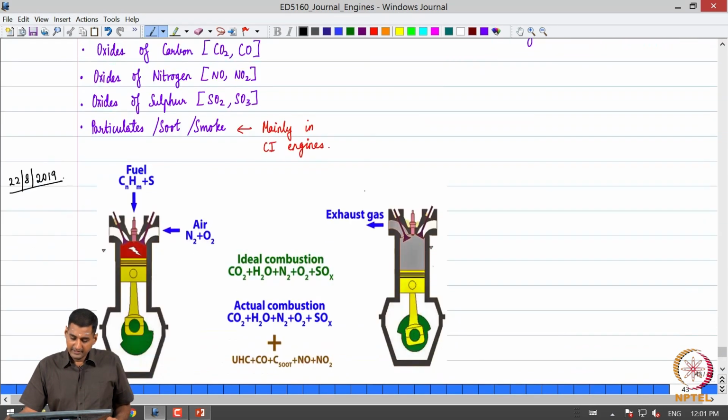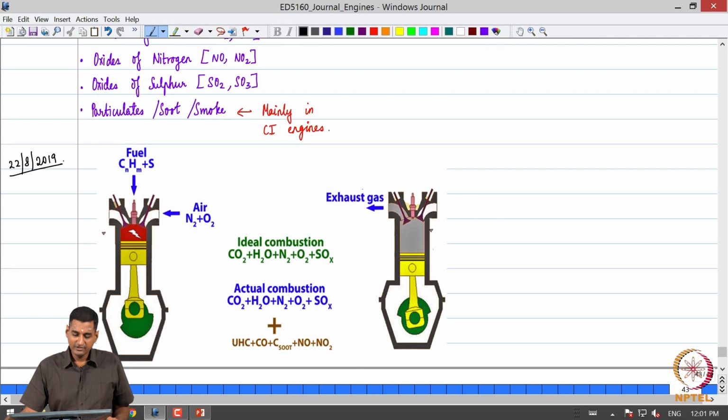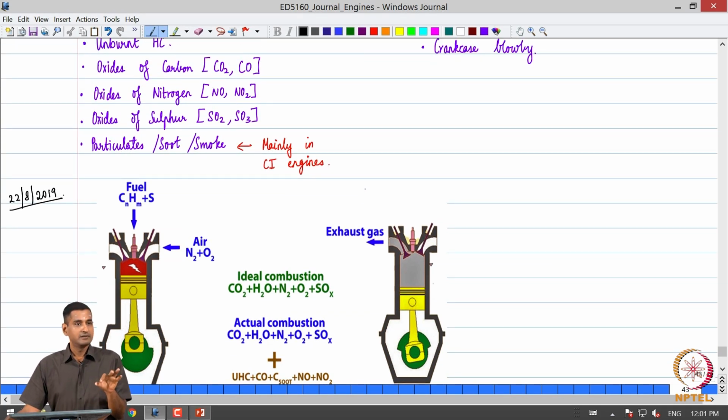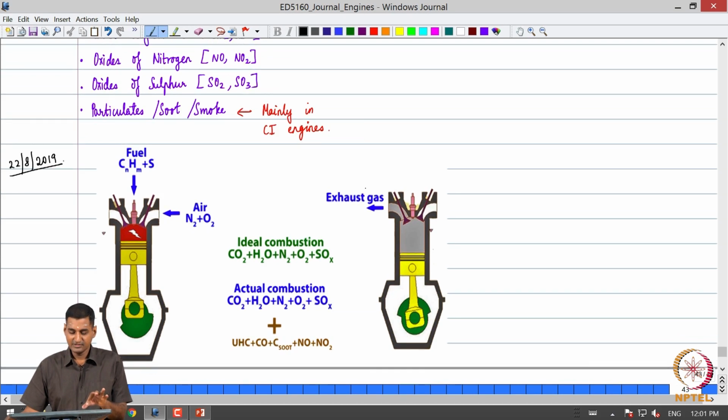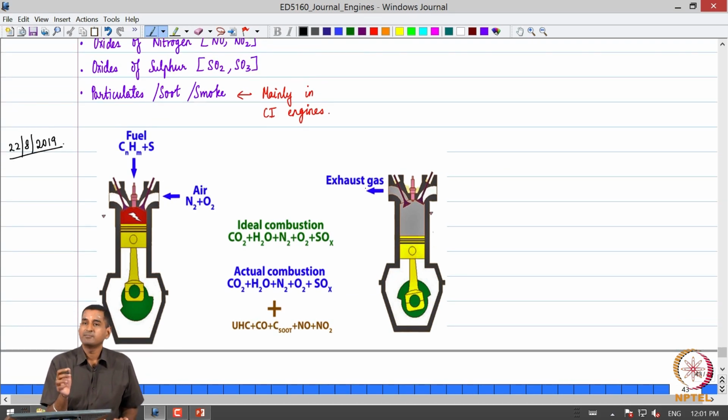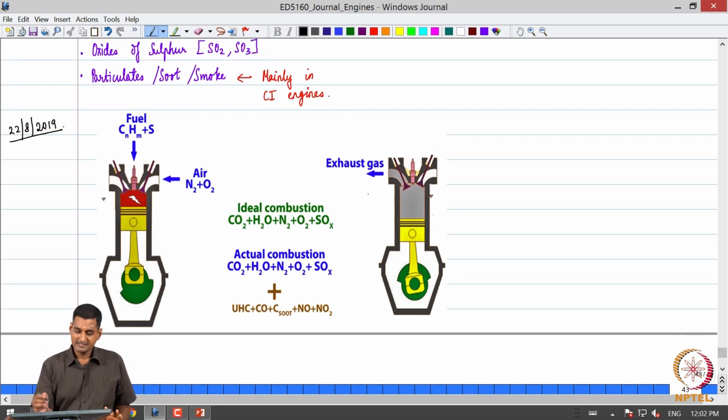We are going to look at both categories of emissions, and at each component of these emissions in today's class. We will also look at what happens in various types of engines like 4-stroke SI and CI engines and also in 2-stroke engines. If we look at the ideal combustion process in any internal combustion engine, we provide fuel, which is a hydrocarbon. Many times sulfur is present in the fuel, and we take in air, predominantly a mixture of nitrogen and oxygen.